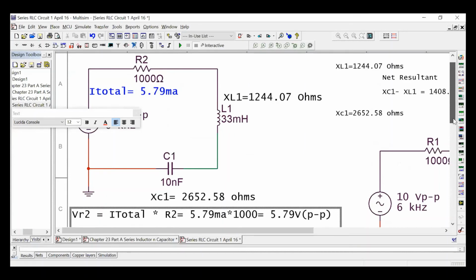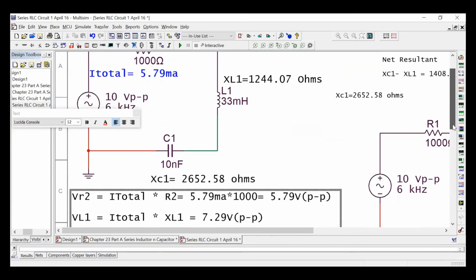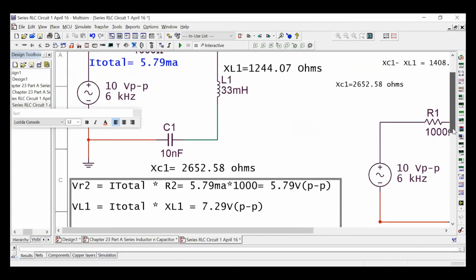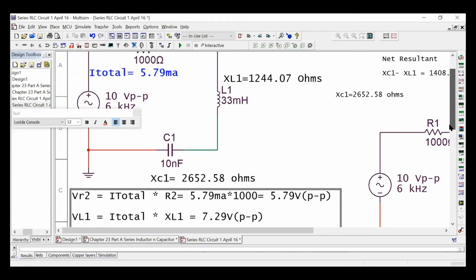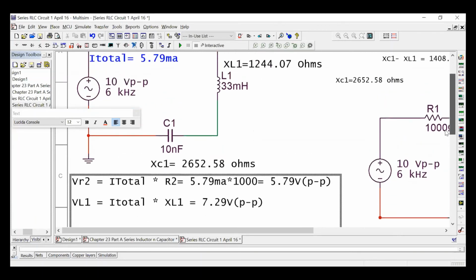5.79 mil. I'm looking. Let me make sure that 10 nanofarads is correct for X of C1. 2652.58.